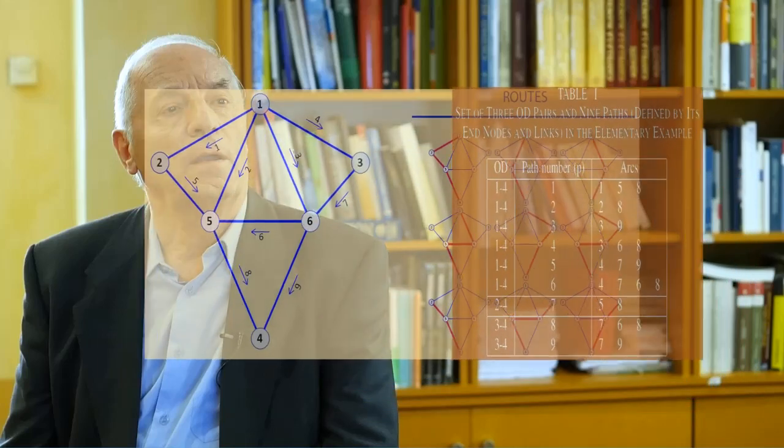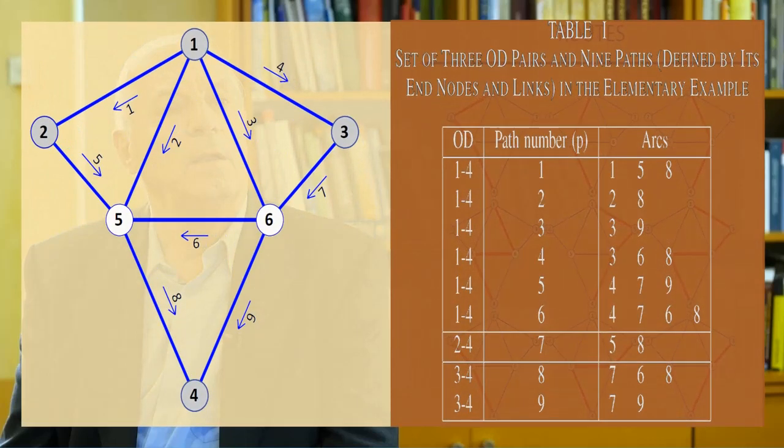To make things easy, we use the simple network in this figure, which contains 6 nodes and 9 links together with the allowed flow directions by means of arrows. In the table, we define 9 paths which have been partitioned into 3 OD origin-destination pairs. There are 3 origins, nodes 1, 2 and 3, and only one destination node, which is node 4.